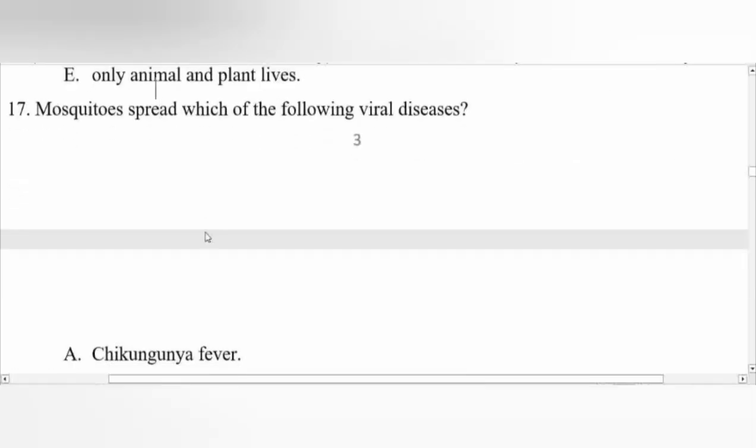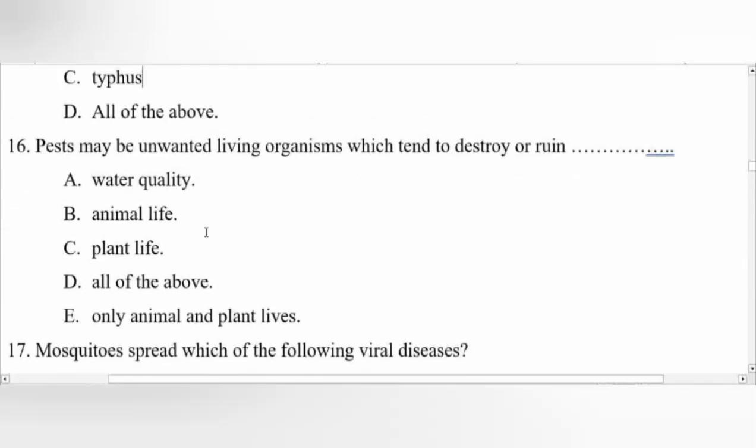Then question number 16. Pests may be unwanted living organisms which tend to destroy or ruin what? The options are water quality, animal life, plant life, all of the above, and only animals and plants. Let's look at it. Option E is not our best shot.